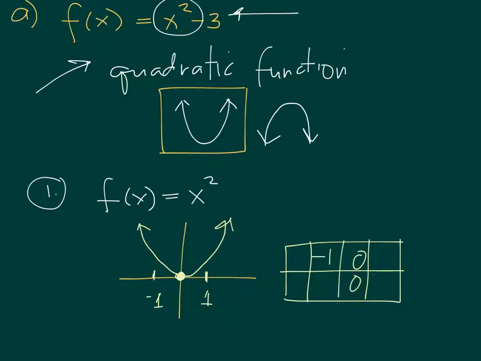When x is negative 1, when you square negative 1, it's 1. When x is 1, when you square 1, it's also 1. So the points should be here for 1, 1, and negative 1, 1. So you can get a more appropriate, good approximation of the graph of x squared.